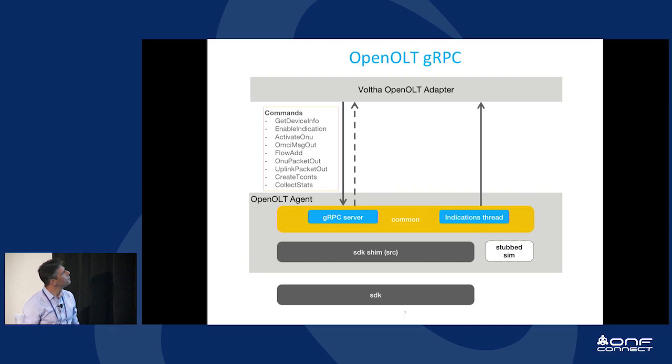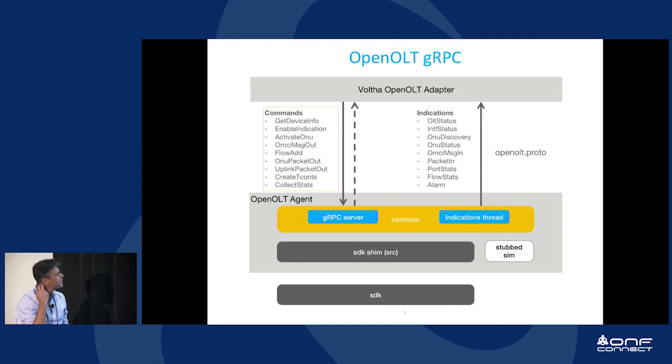The gRPC interface is kept pretty simple, and it's growing as more and more functionality or features are being added into the OpenOLT adapter. And we are looking at it from the device side.